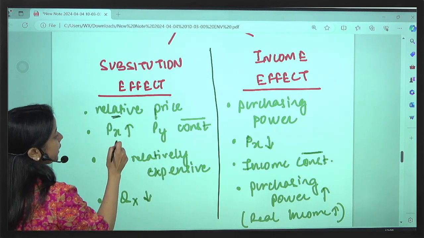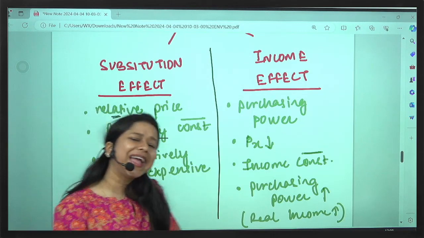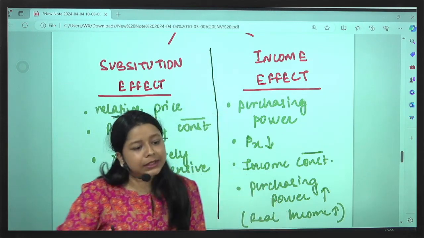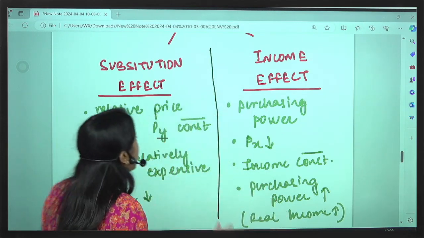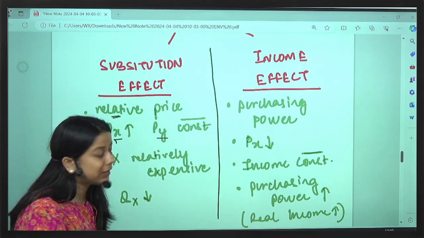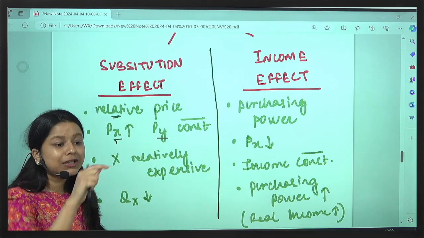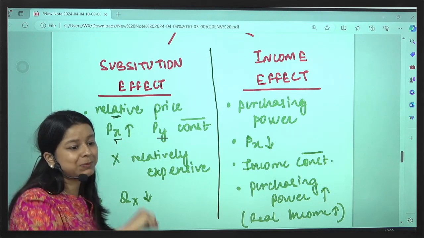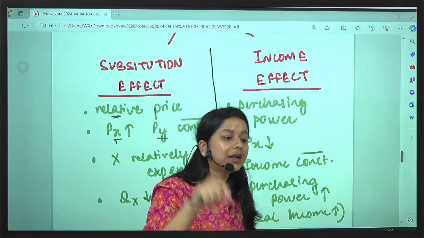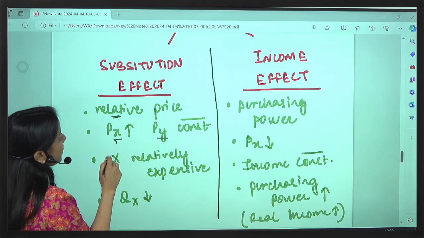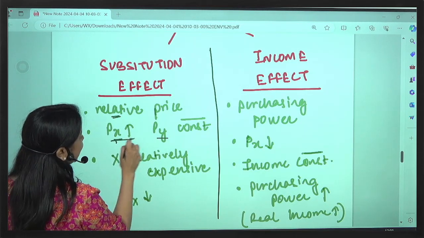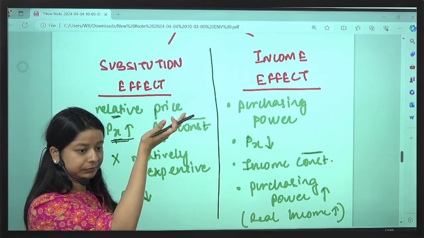Now let's say suppose there are two goods X and Y. Any two goods, considering any goods for the time being. Usually these are similar goods, we'll come to that, but let's say suppose there are two goods in your consumption basket. I'm spending 50,000 every month. In that I have two goods X and Y. Now I'm saying that the price of X increases.